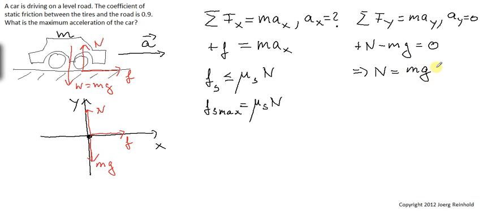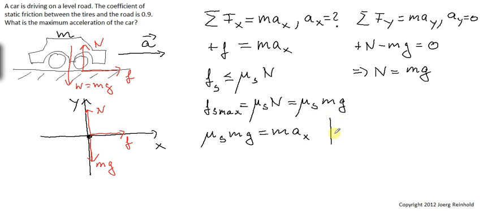From that it follows directly that the normal force is equal to the weight. That's almost intuitive. So we can take this and plug this back into the frictional force. So the maximum frictional force equals μs times mg. So I plug this in, I find then μs times mg equals m times a_x.